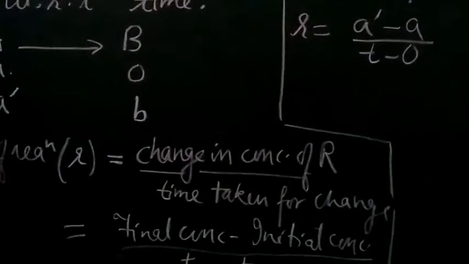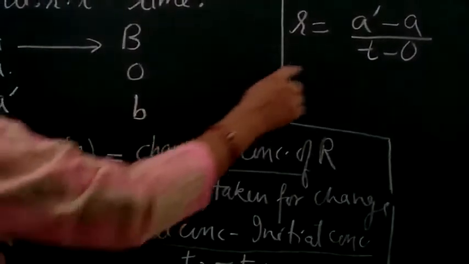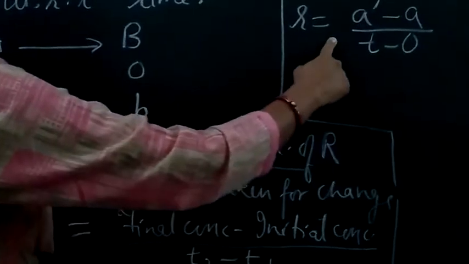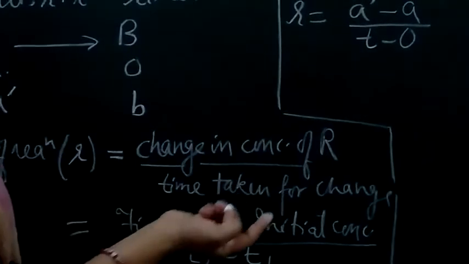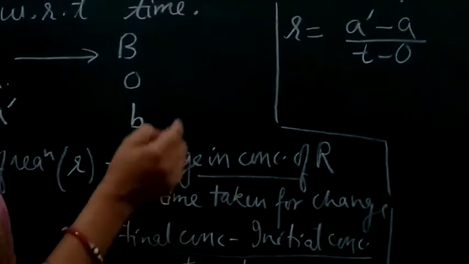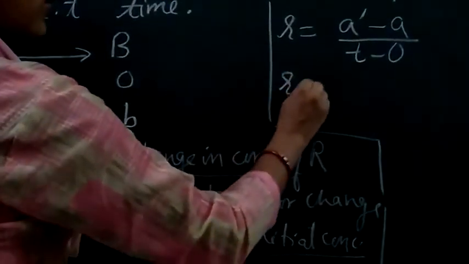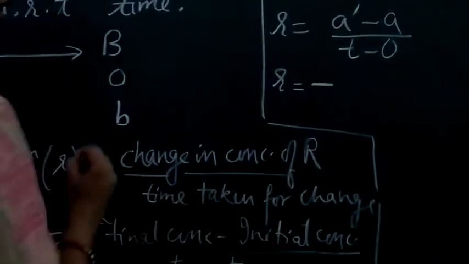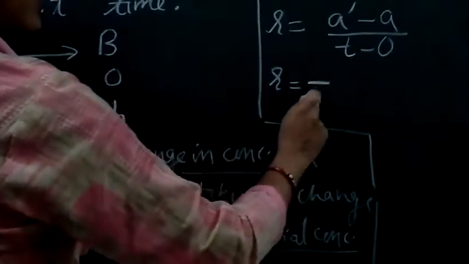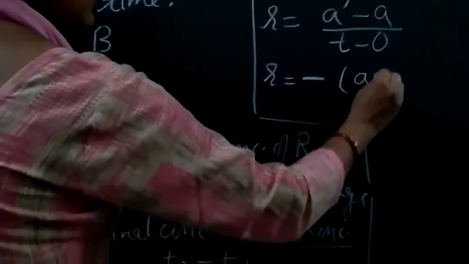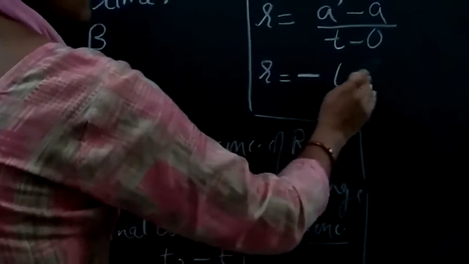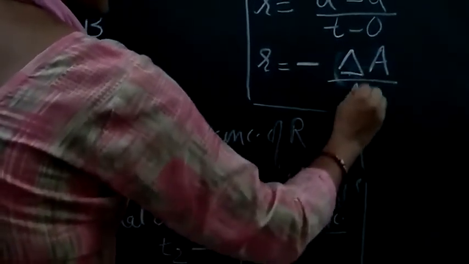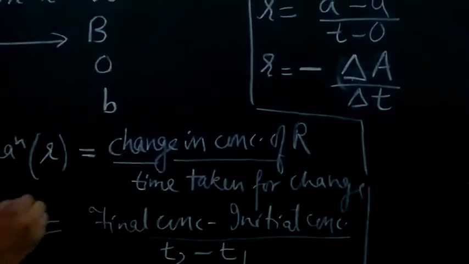Yes, it will be of A, right? So that means if we are not making any sign convention here, the rate of the reaction will come out to be negative, and that is not possible. So for convenience we put the negative sign here, and it will be A dash minus A, or we can simply write delta A upon delta T here.